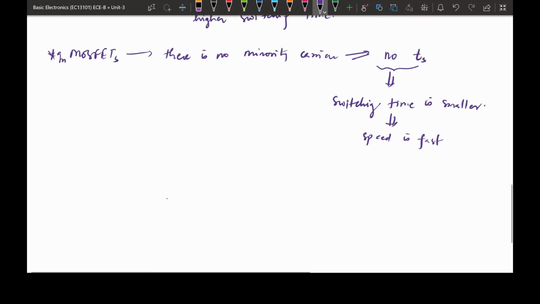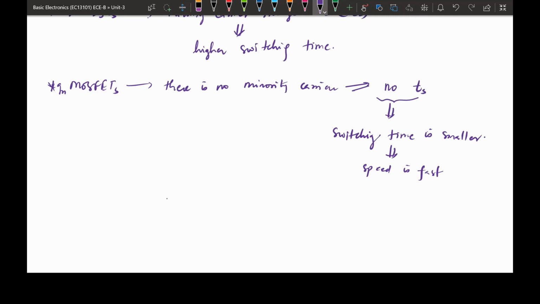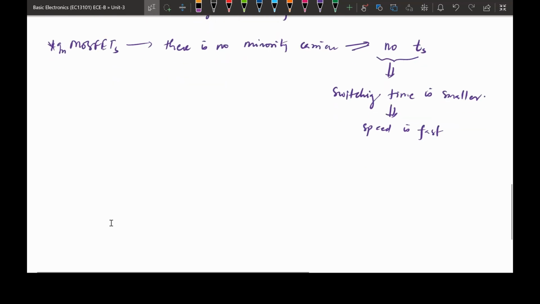So we are going to compare the MOSFETs with BJT. From the switching time, we can consider that MOSFETs are relatively more suitable for high frequency applications. If we are going to operate either a MOSFET or BJT in high frequency applications, then MOSFETs will be preferred.